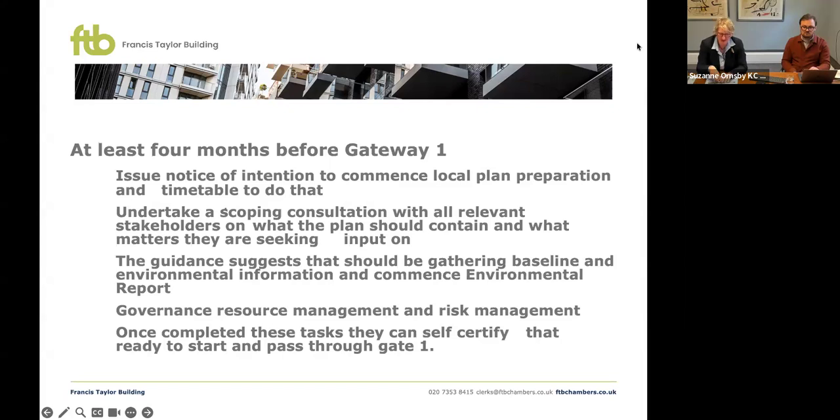The guidance suggests that this process is the gathering of the baseline evidence and environmental information, and the commencement of the environmental report. That amount of work has governance, resource management and risk management, which also need to be addressed during this process. Once those tasks have been completed, a local authority can self-certify that they're ready to start and pass through Gateway 1.